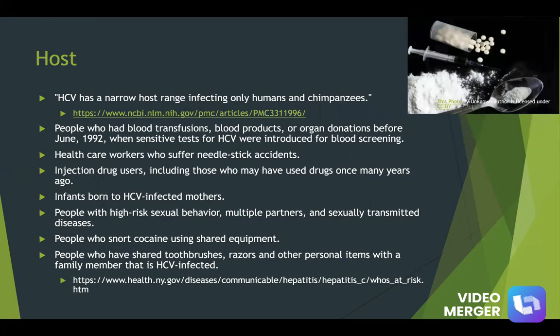Who are the hosts? Hepatitis C has a narrow host range, infecting only humans and chimpanzees. People who had blood transfusions, blood products, or organ donations before June 1992, when sensitive tests for hepatitis C were introduced for blood screening.